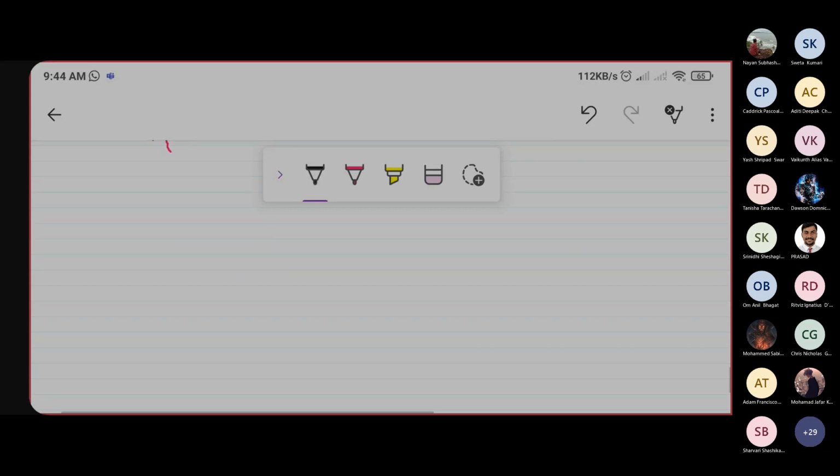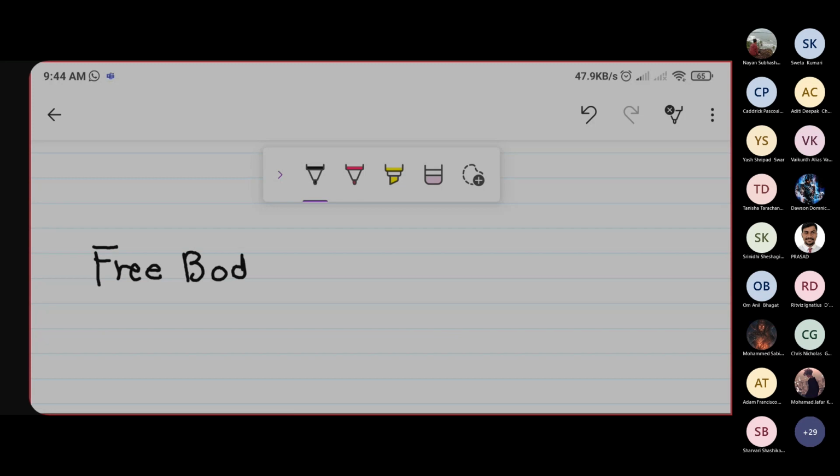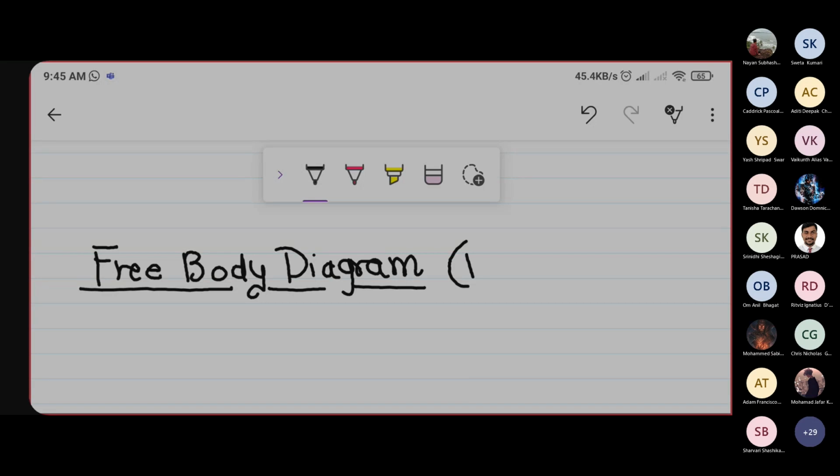Now the next point we'll go to is called a free body diagram, that is called FBD.